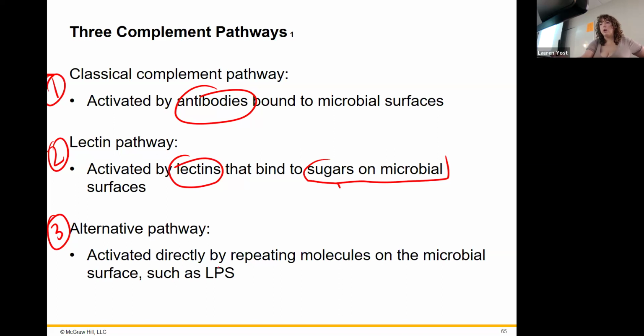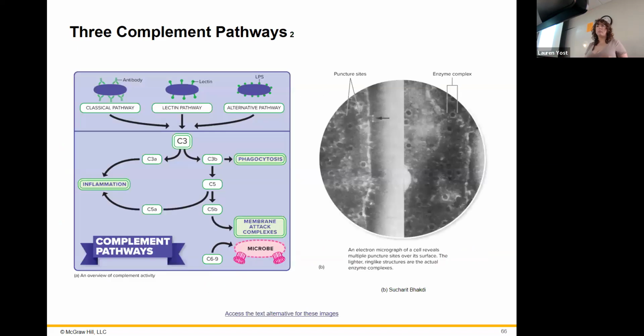This is repeating molecules on the microbial surface, usually related to things like LPS or maybe peptidoglycan, just a general repeated molecule on the microbe. So three complement pathways. Antibody triggers it, lectin binding to sugars triggers it, or the alternative is LPS and peptidoglycan.